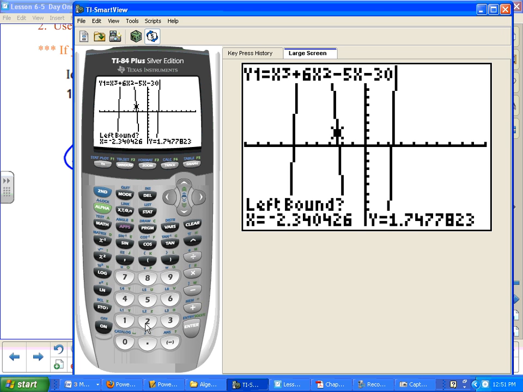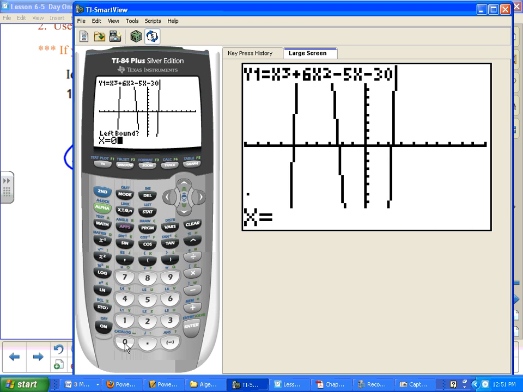Now we're looking at this one here. My left boundary has to be to the left of where this crosses the x-axis, so I could use 2, 1, or 0. I'm going to use 0 this time. It tells me at 0, I get negative 30. My arrow points to the right, and it's to the left of where that spot is.